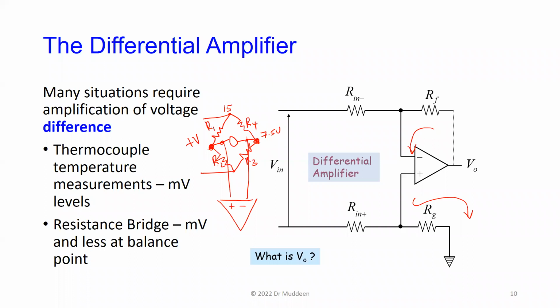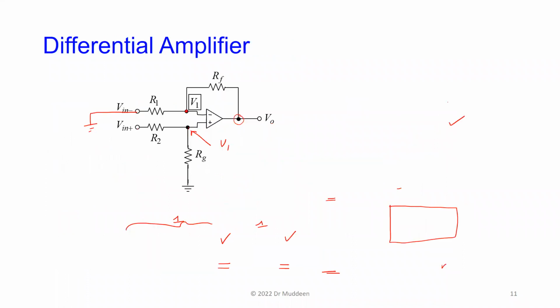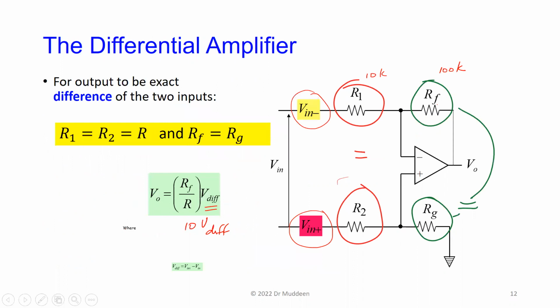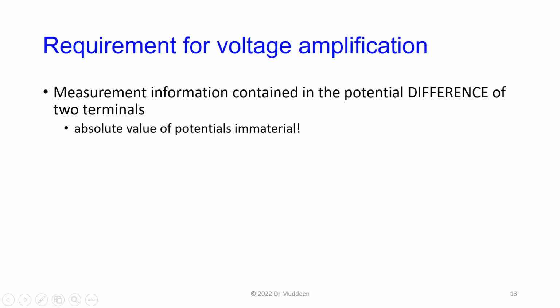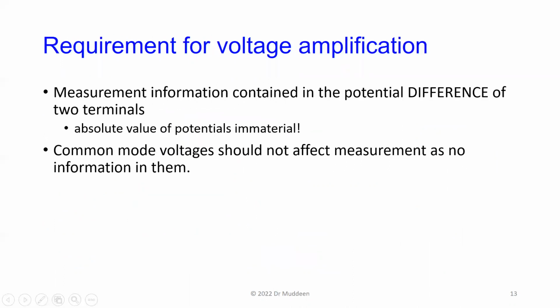What I care about is the difference between those two potentials, not the absolute value of the potential. So that voltage that appears the same at both terminals is what we call a common mode voltage. And that should not affect our measurement because it has no use for us. What we are interested in is the difference between the voltages at the two terminals.